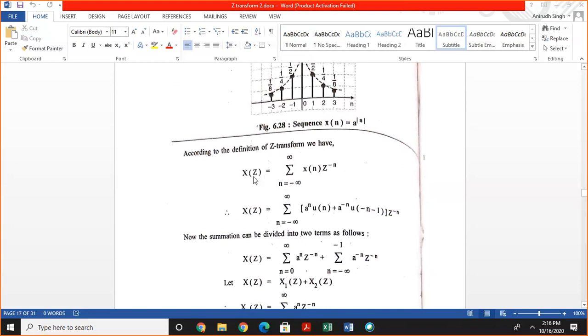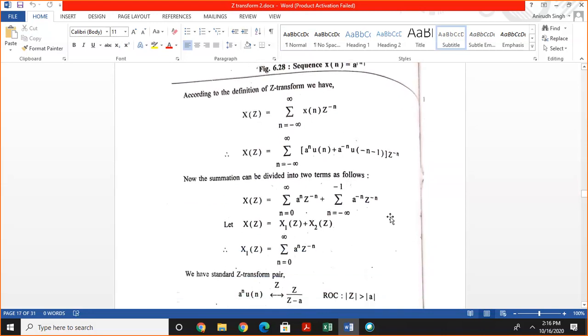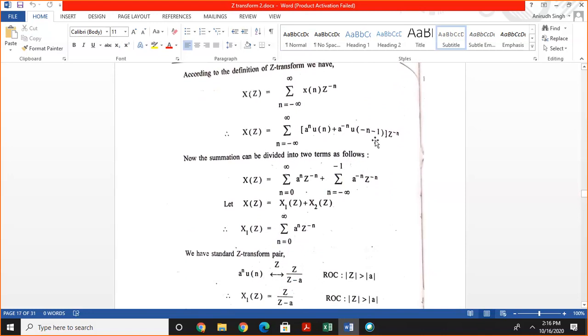Then according to the definition of Z transform, we have X of z equal to summation of x of n and z raised to the power minus n. And if we put the value of x of n, which is given by a raised to the power n u of n plus a raised to the power minus n u of minus n minus 1, this summation can be separated into two terms like this.